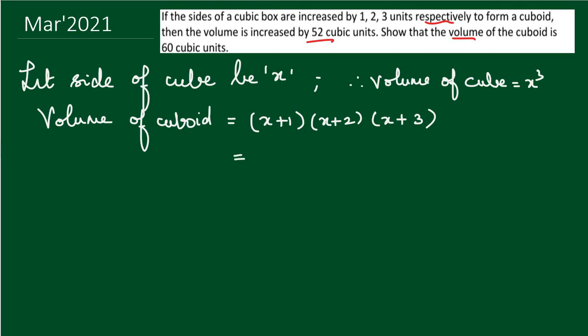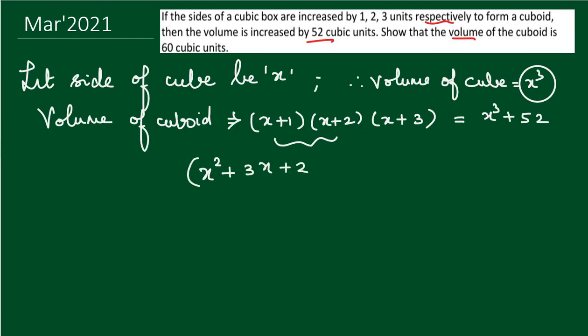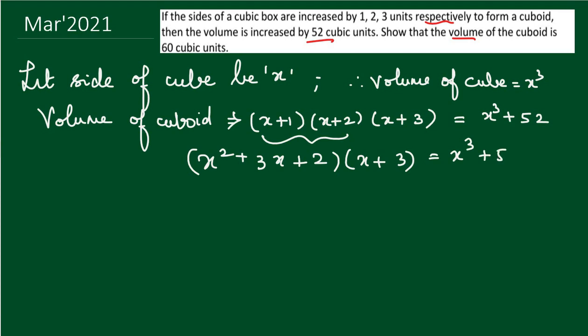From the given question, the volume is increased by 52. Now simplifying the given equation, multiplying the first two brackets, we get x squared plus 2x plus x plus 2, that is x squared plus 3x plus 2, into (x plus 3) equal to x cubed plus 52.